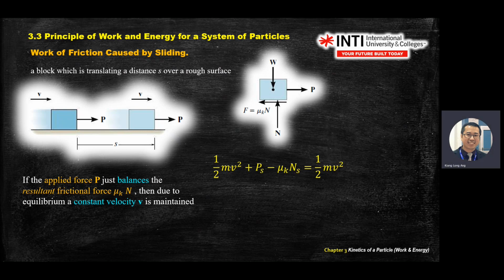P multiplied by distance is work. Then the friction force also should be a big S, not a small s. So friction multiplied by distance traveled is the work, and why negative?